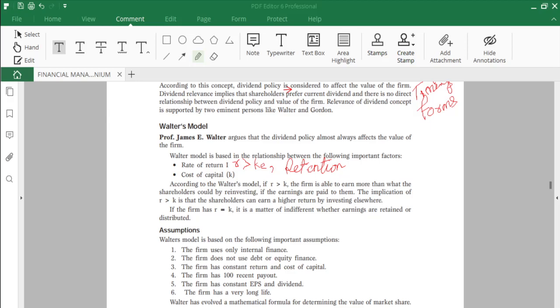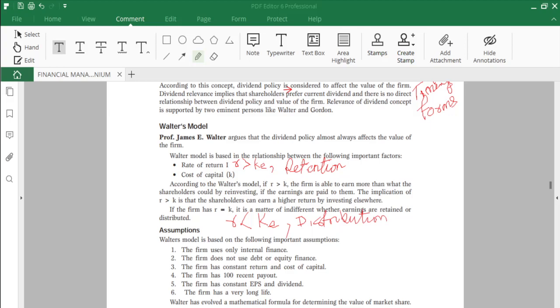Just opposite to it, if R is less than KE, that means whatever you are expecting from the money that you are going to invest by retaining the fund is less than whatever you have employed, better not to retain that fund, and better you should go for distribution.